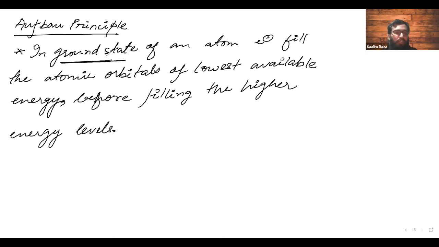So in the ground state of an atom, when the atom is untouched, you have not given it any energy, you have not even heated it, then electrons will fill the atomic orbitals. We have seen atomic orbitals. What are atomic orbitals? 1s, 2s, 3p, 4p, 2p, right? These are atomic orbitals of lowest available energy.